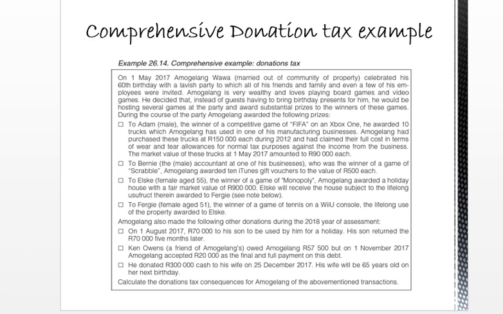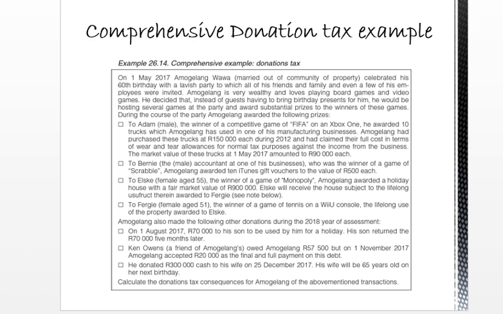So the first prize, or the first donation, was made to Adam, who's a male, and he won a competitive game of FIFA on an Xbox One. He was also awarded 10 trucks, which Amogelang has used in one of his manufacturing businesses.